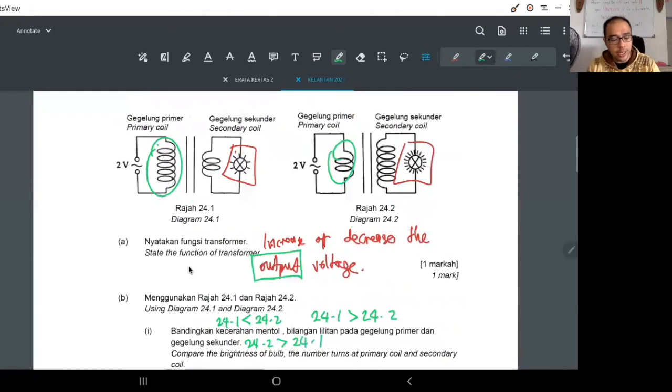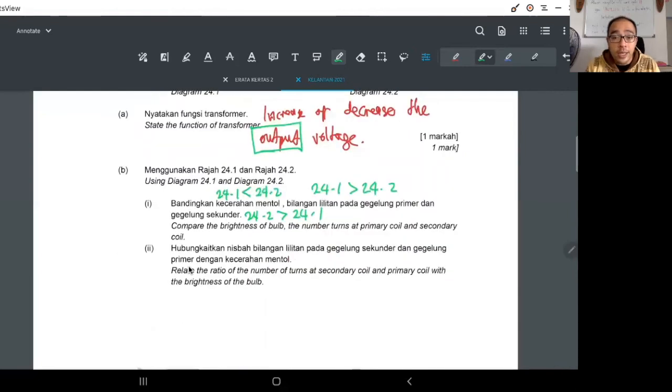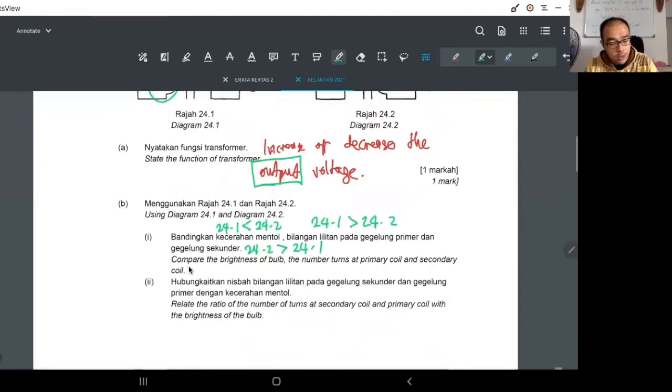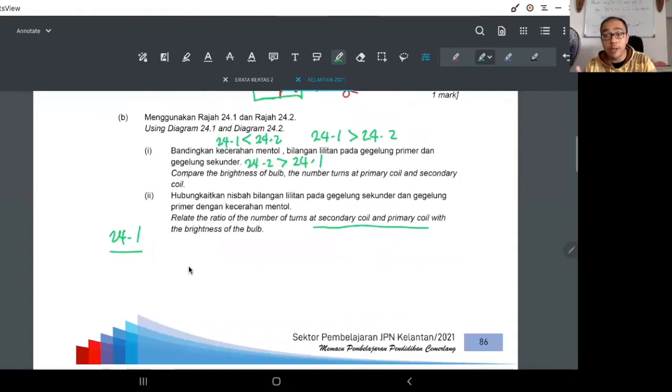Let's say this is 5 to 2 and this is 2 to 5. Sorry, the ratio of secondary and primary, so for 24.1, secondary on top and primary on the bottom. So this is 2 to 5, and this is 5 to 2.